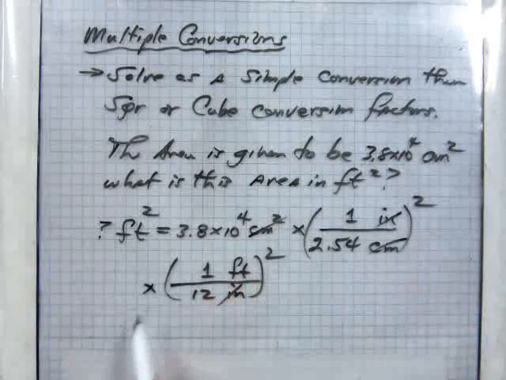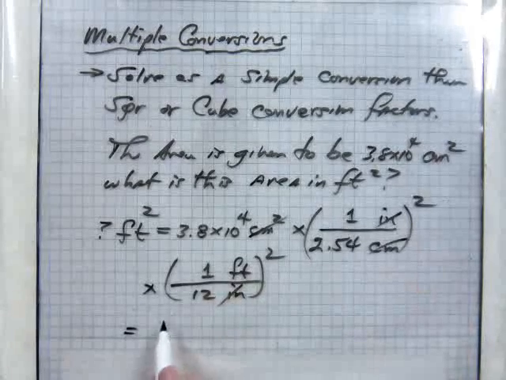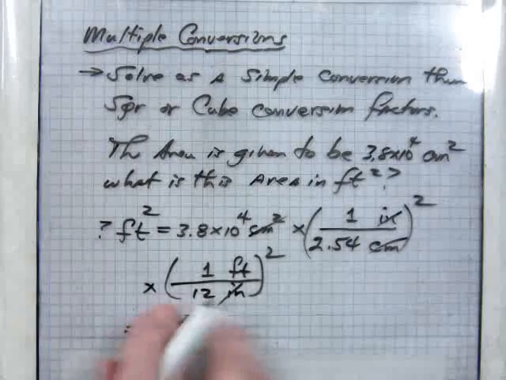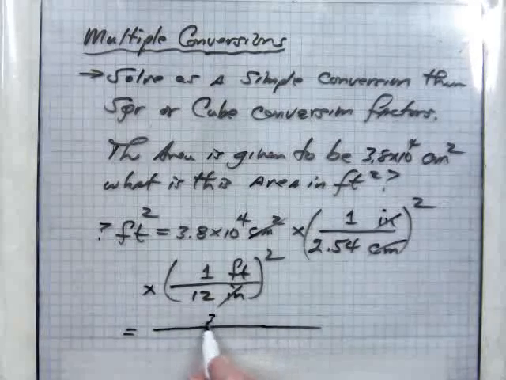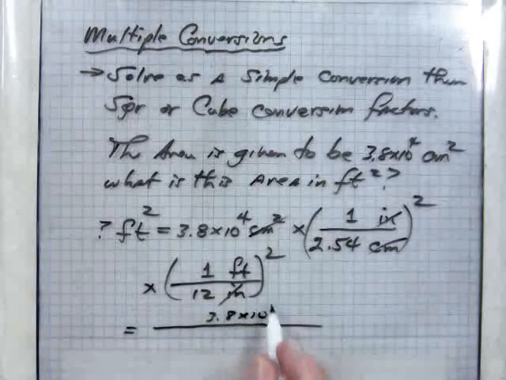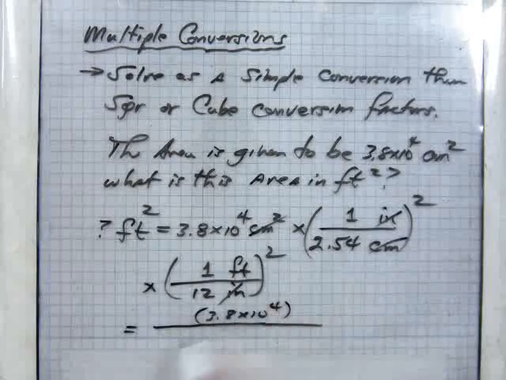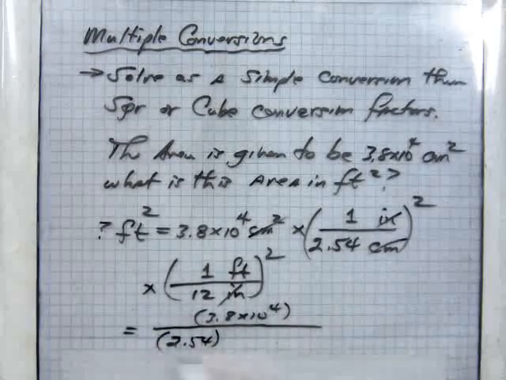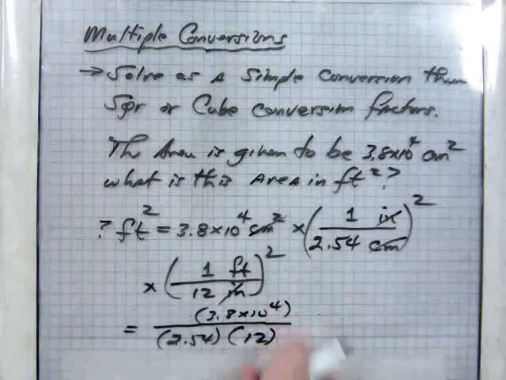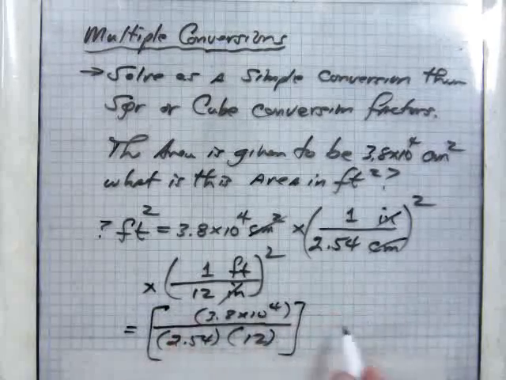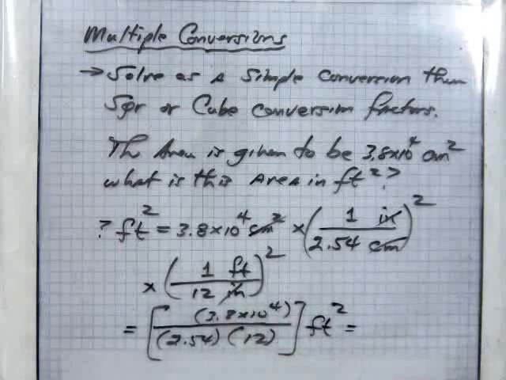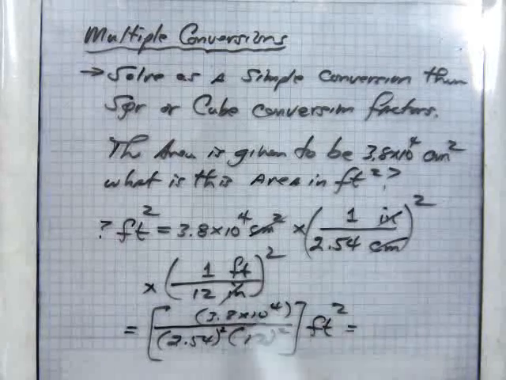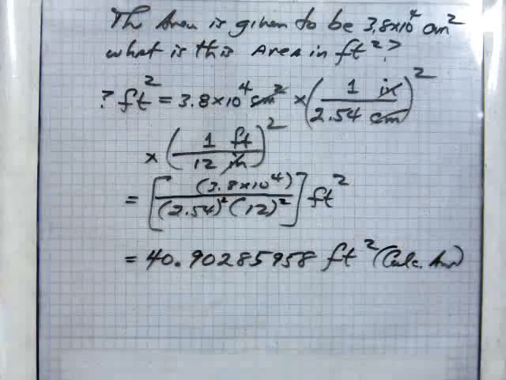I'll just bring that back down here then. So we have 3.8 times 10 to the 4th up here, divided by 2.54, and that's divided by 12, and we're in square feet. Squares in here and here.